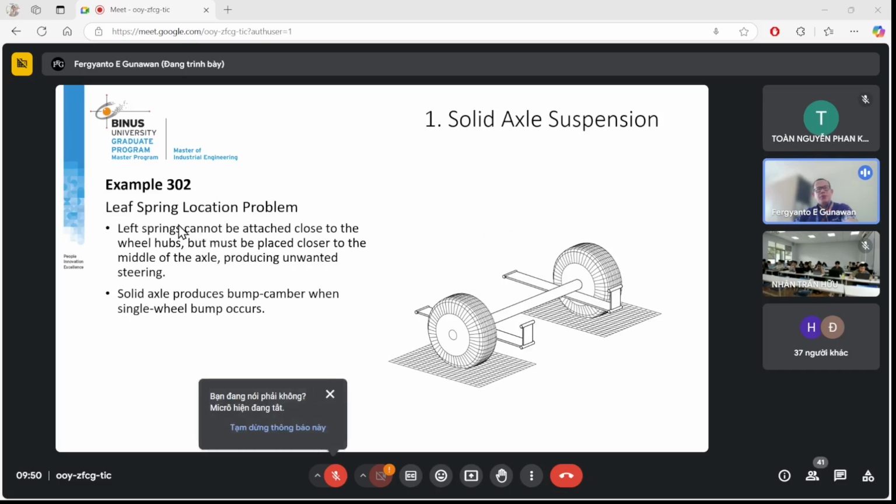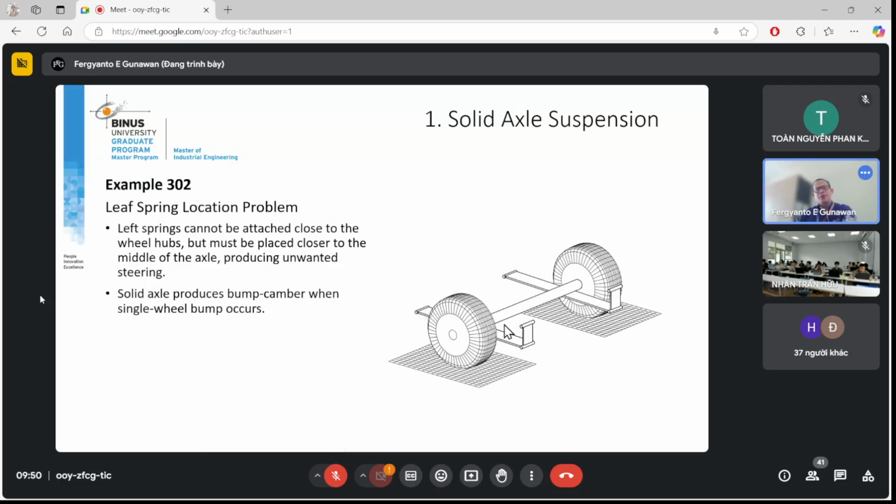But the other problem with the leaf spring is it can't be introduced at the driving wheel, because the driving wheel has to be steerable. So you should be able to steer the wheel, and the leaf spring prevents you from having the steering mechanism.